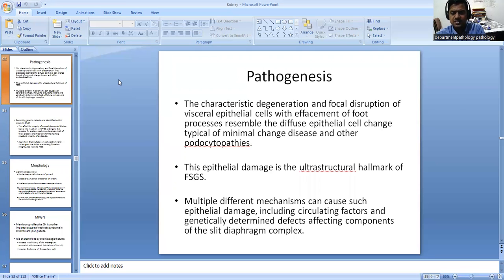This epithelial damage is the ultrastructural hallmark of FSGS. Multiple different mechanisms can cause such epithelial damage, including circulating factors and genetically determined defects affecting components of the slit diaphragm complex.